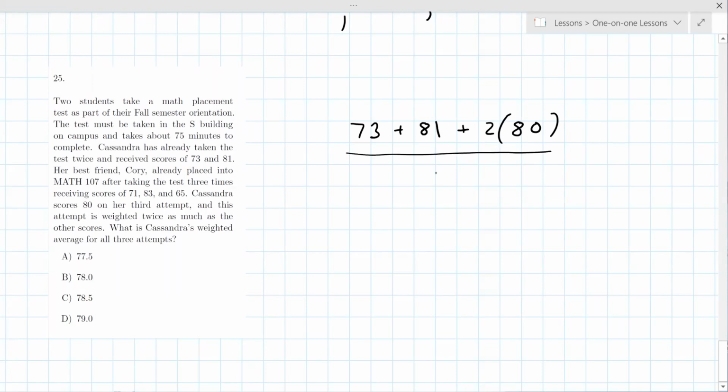So instead of treating this as 3 scores, it's really 4 scores. If that's not clear, another way of looking at it is this 80, since it counts twice, it's here.